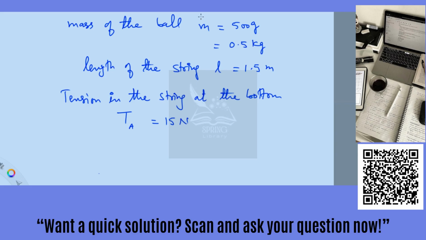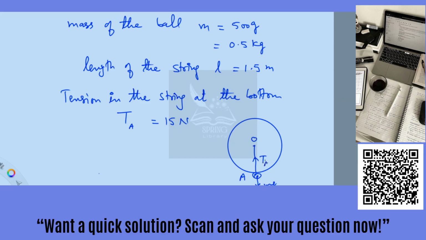If we consider this to be the circular track, the vertical circle, then when the ball is at the bottommost point, its weight mg will be acting vertically downward. This point is supposed to be A. This is the center of the circular path.